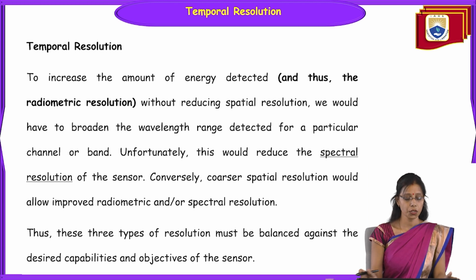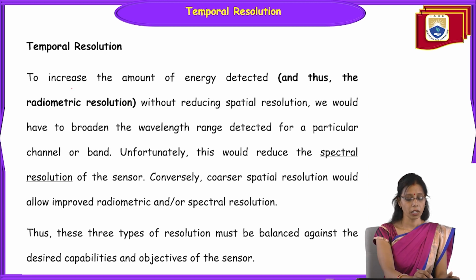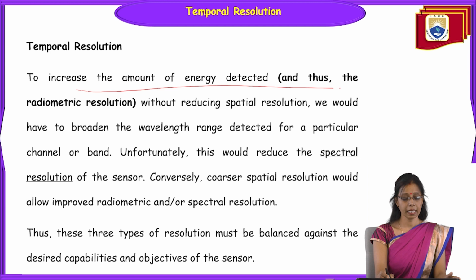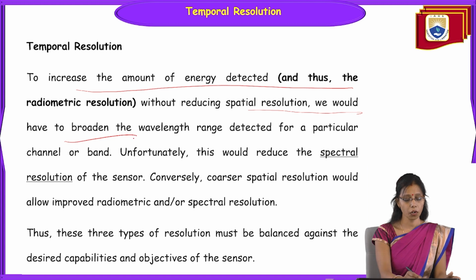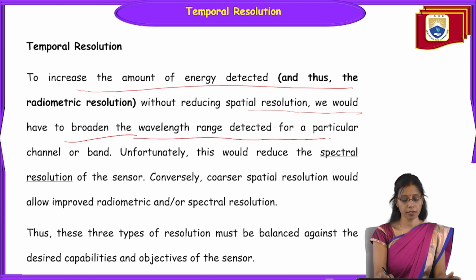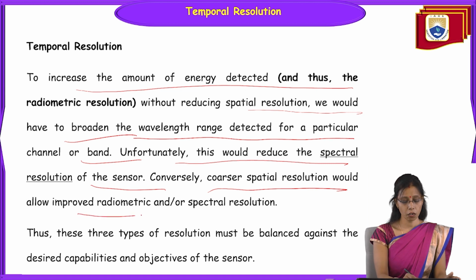Now, to increase the amount of energy detected, and thus the radiometric resolution, without reducing spatial resolution, we would have to broaden the wavelength range detected for a particular channel or band. Unfortunately, this would reduce the spectral resolution of the sensor. Conversely, coarser spatial resolution would allow improved radiometric and spectral resolution.